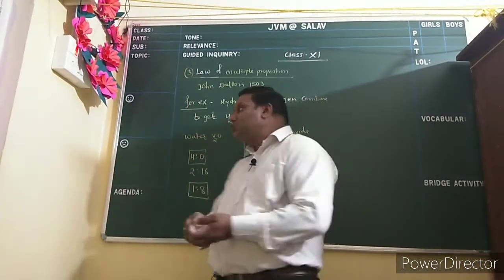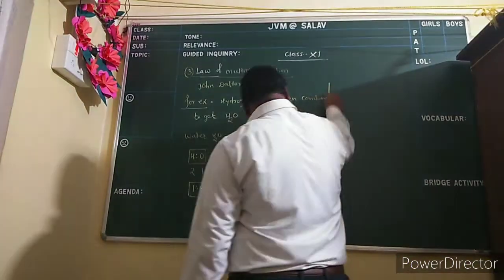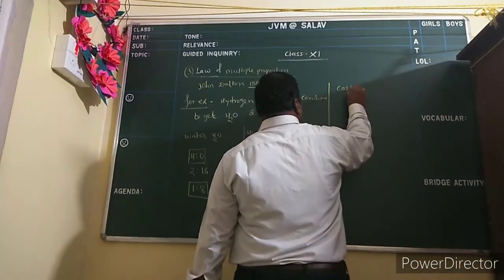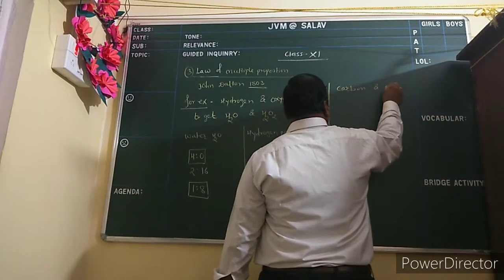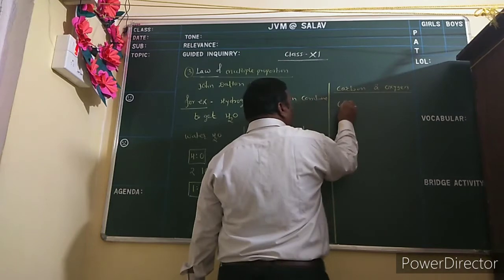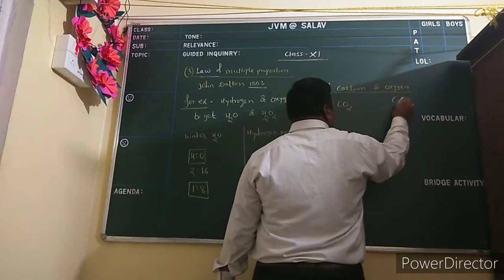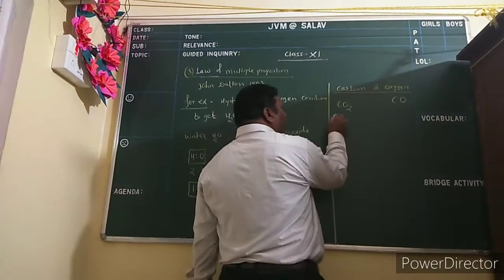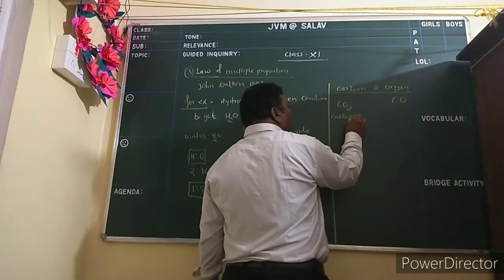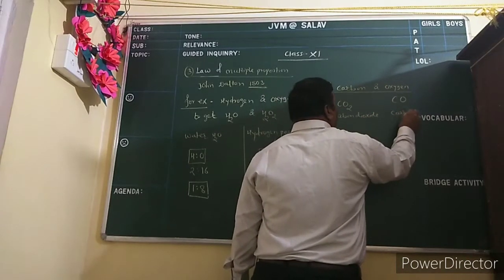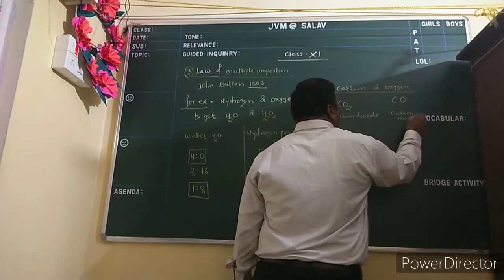Is it clear? So let's take another example, carbon and oxygen. Carbon and oxygen form carbon dioxide and also carbon monoxide. This is carbon dioxide and this one is carbon monoxide.